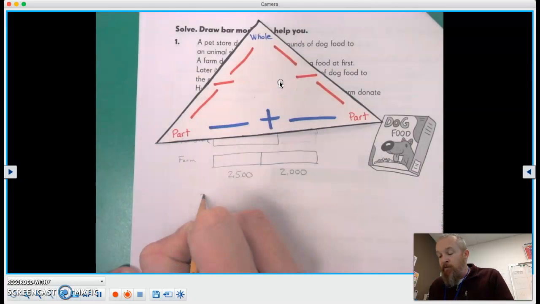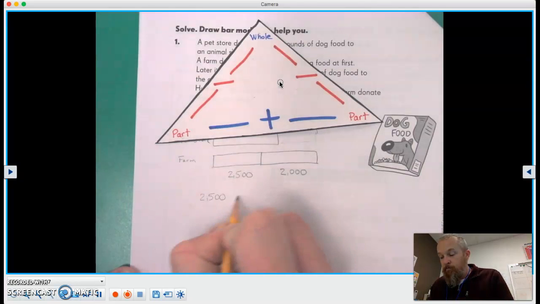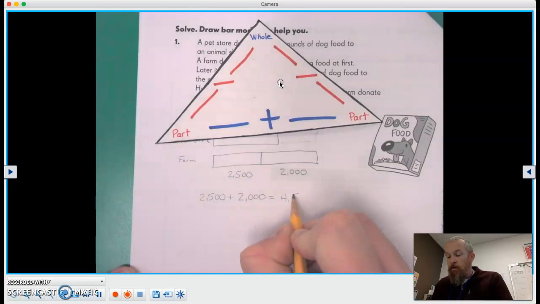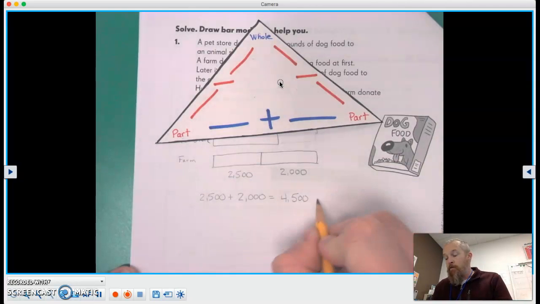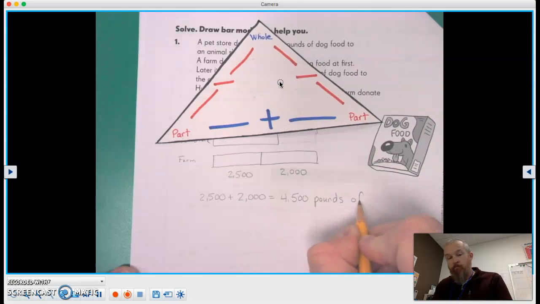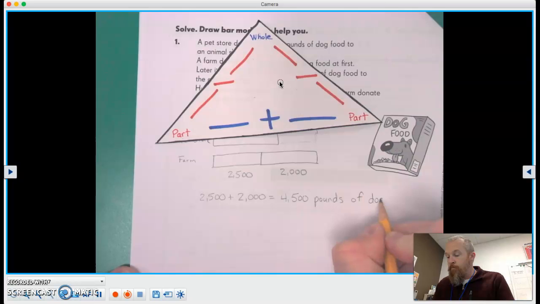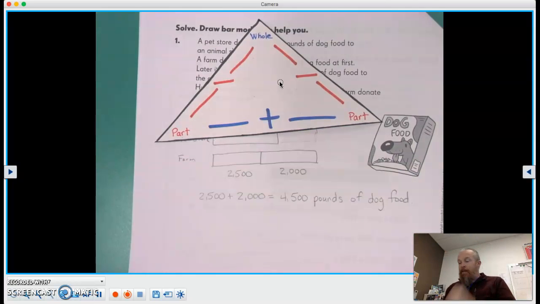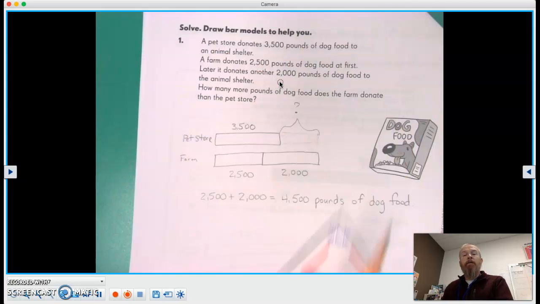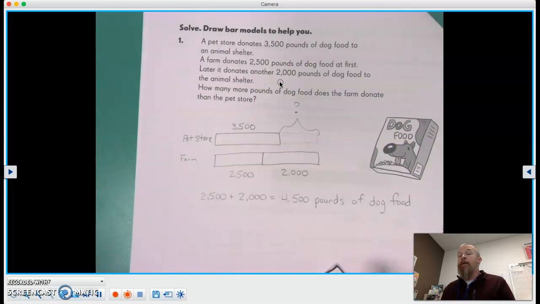So we can combine those two. 2,500 plus 2,000 equals 4,500 pounds of dog food. Okay, now we know the total, which is the 4,500 pounds, and that's not our answer though, right? That's just a part so that we can now figure out what our answer is.